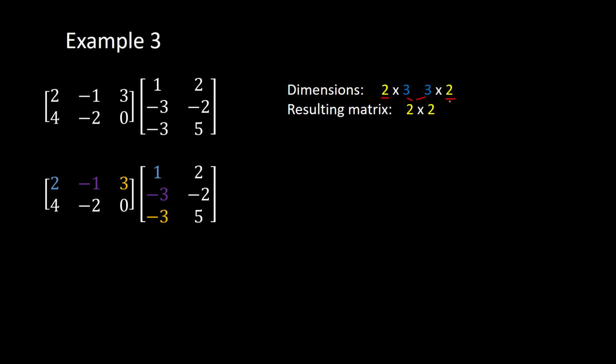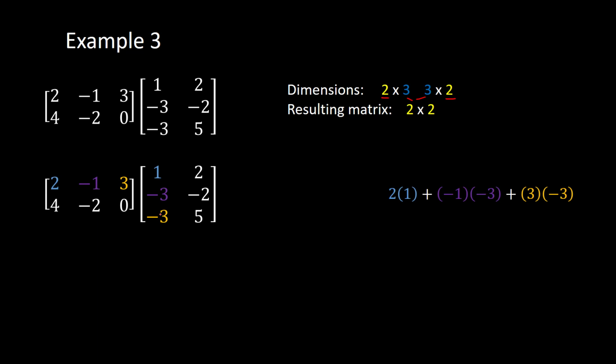So when I multiply, same concept as example 1, I take the first row of the first matrix and multiply it by the first column of the second matrix. I multiply the corresponding elements, where element 1 multiplies with element 1 of the second matrix, element 2 multiplies with element 2, then element 3 multiplies with element 3.